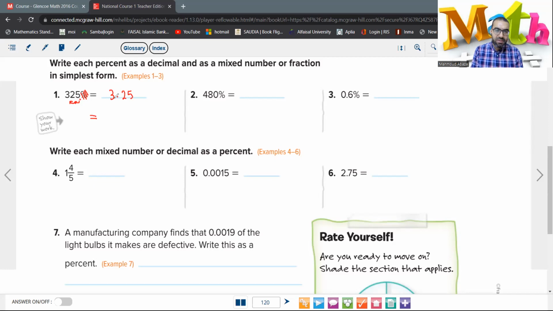Now, 3.25 can be written as 3 and 25 over 100, because this is 25 hundredths. Now, we can divide by 25 up, divide by 25 down, and this will give 3 and 1 over 4.